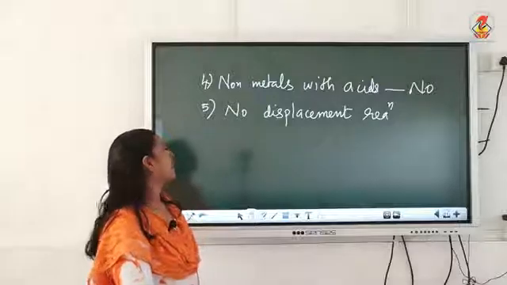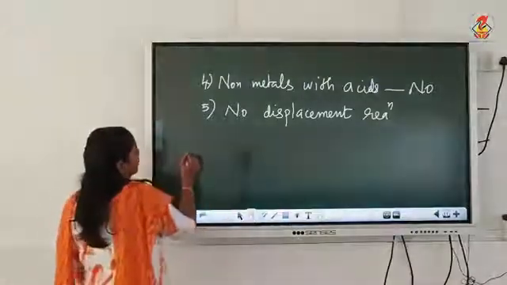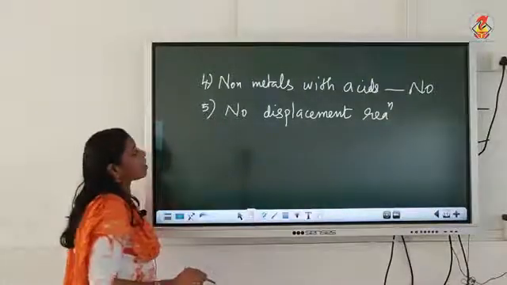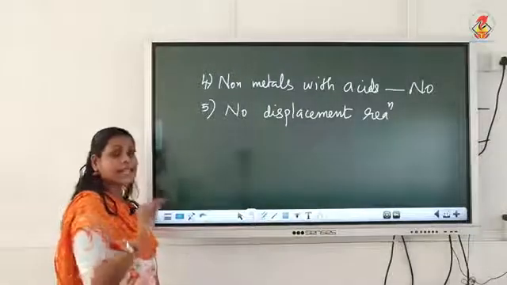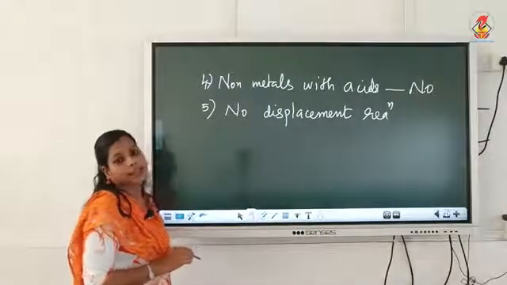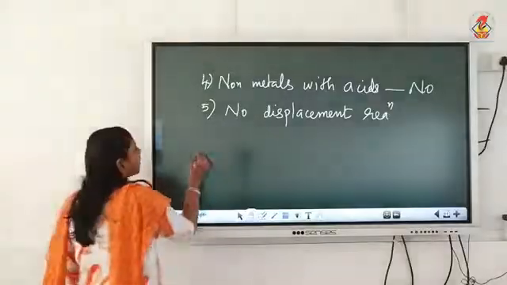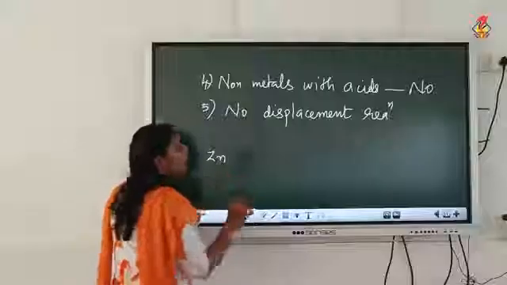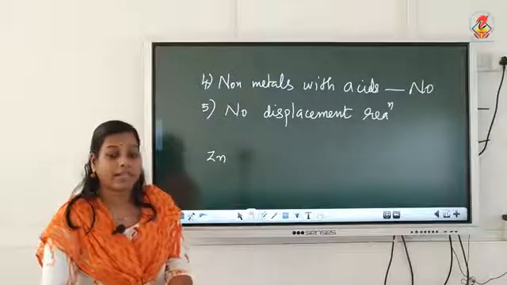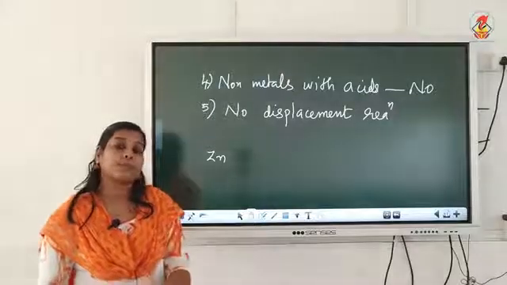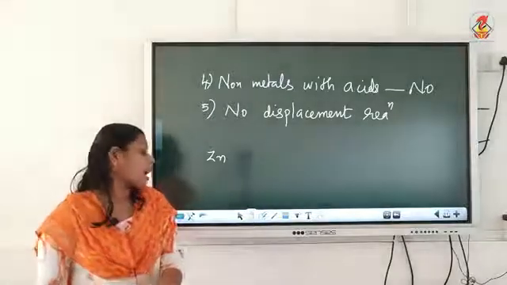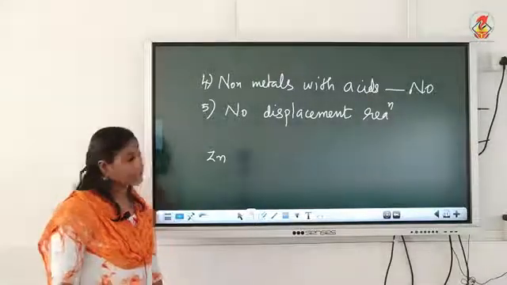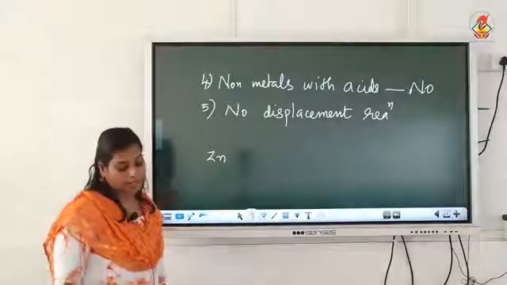Okay. And here we have discussed the non-metals' reaction with bases. Some metals also react with the bases. For example, zinc and aluminum, all these metals react with the bases to produce corresponding compounds, and hydrogen gas is also liberated.